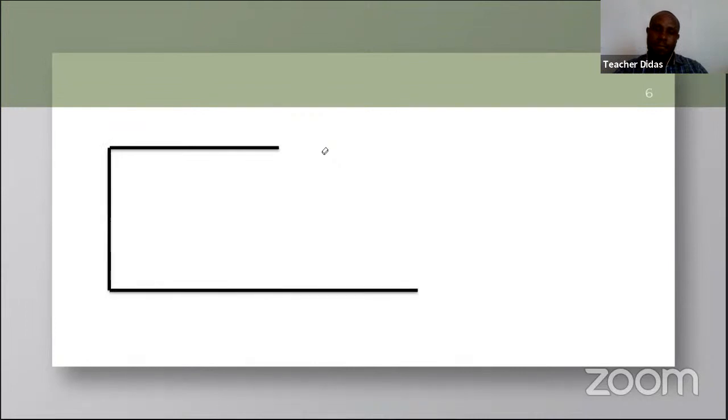Let's move on and see. Okay, let me first draw my diagram here. I have my diagram here. Okay. Put up your hand if you know that figure.